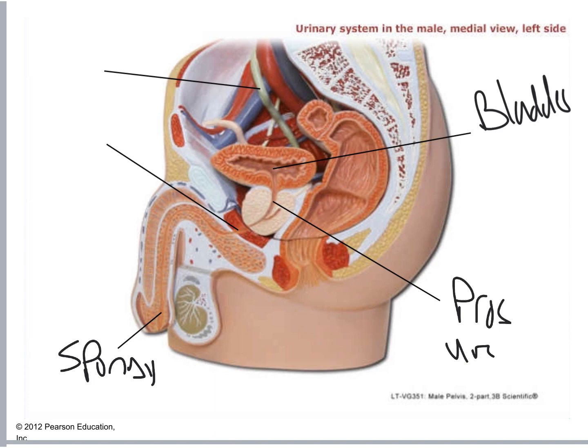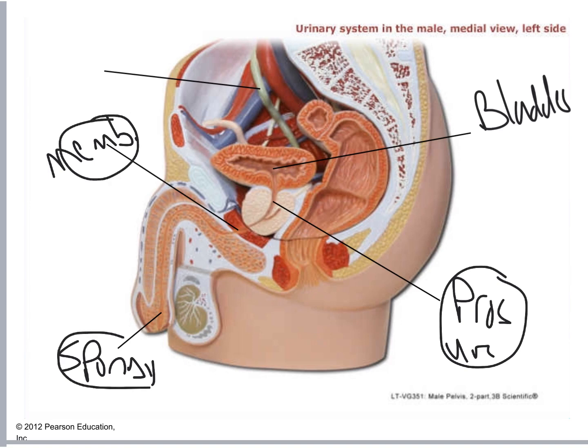All right, the next line is pointing to the urethra that goes through the pelvic floor muscles. That is called the membranous urethra. It's the shortest part of the urethra because it's going through the pelvic floor muscles. So the 3 parts of the urethra are the prostatic urethra, the membranous urethra, and then the spongy urethra, which goes through the penis.